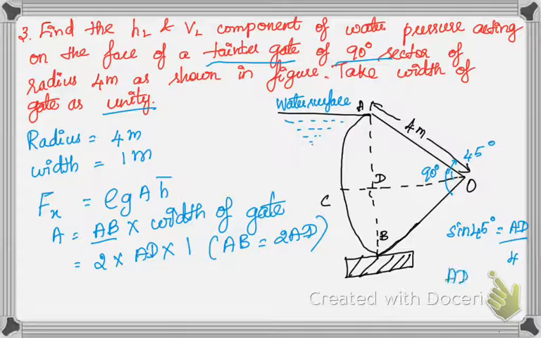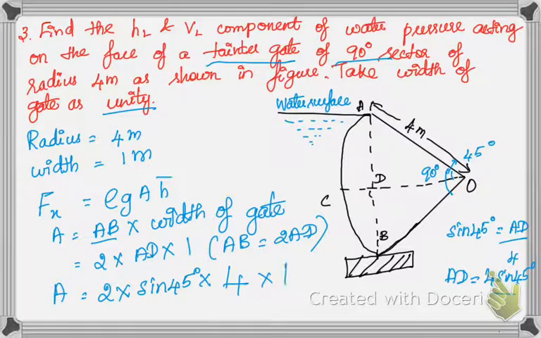So my AD is nothing but 4 into sine 45. So I can write A is equal to 2 into sine 45 into 4, into 1. So the area is going to be 5.656 meter square. So this is going to be my area.